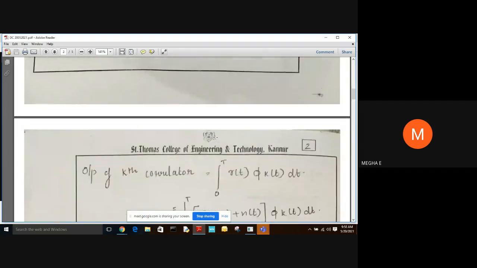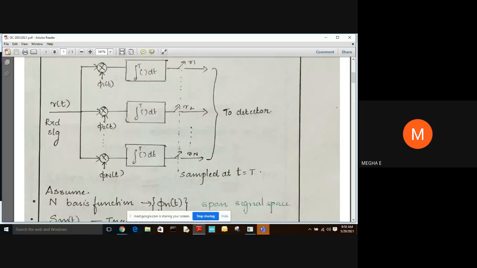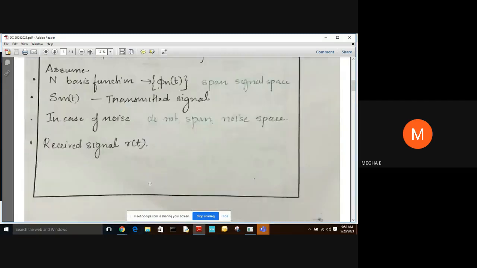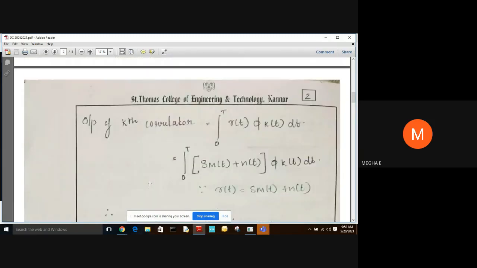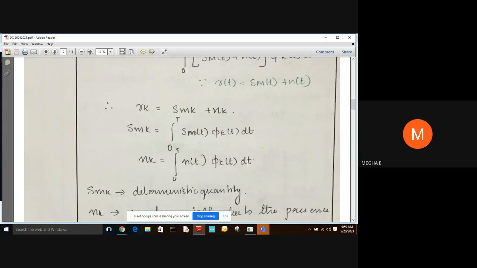So here we are considering the kth correlator output. Here we have n cross correlator outputs. Out of this we are considering the kth correlator output, and the kth correlator output is nothing but r of t into phi k of t. That is, r of t is sm of t plus n of t. Here we are considering the kth output, so it will become smk of t plus nk of t into phi k of t dt.